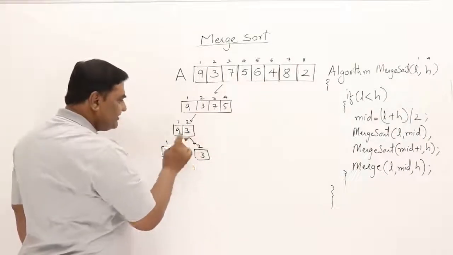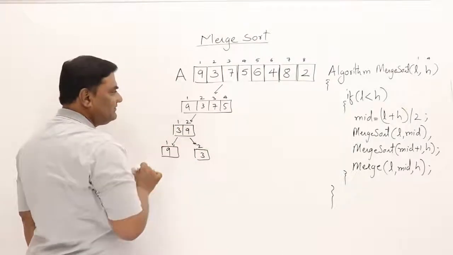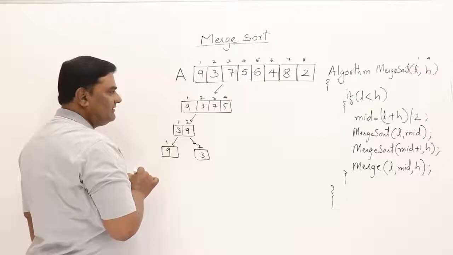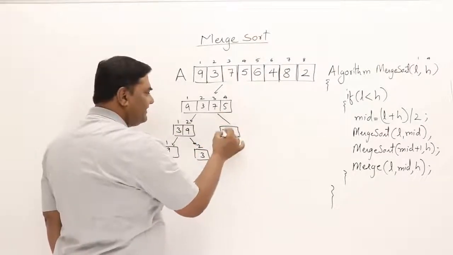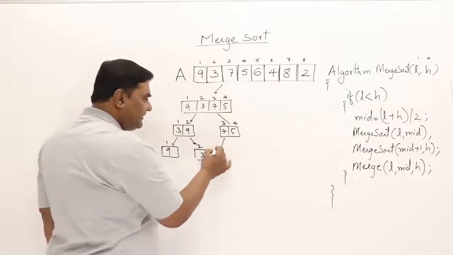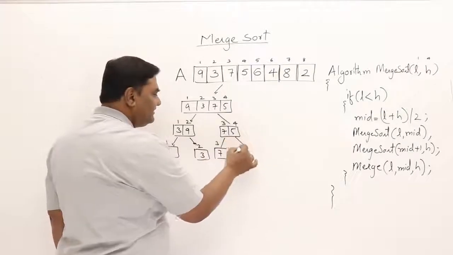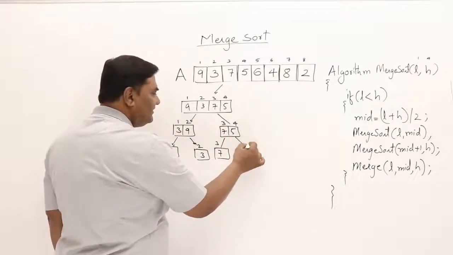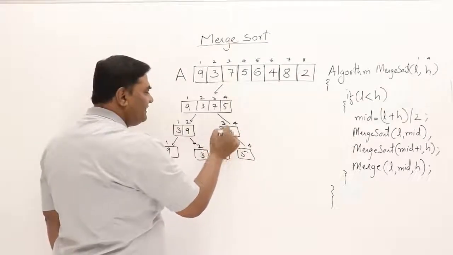Now these two are merged, so the result becomes 3, 9. Right? Then it will go on the right hand side, so this becomes 7, 5. That is 3, 4. Then it will come on the left hand side, this is just 7, then 5. So these two are merged and it becomes 5 and 7.